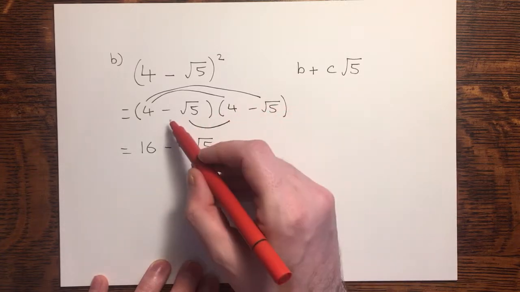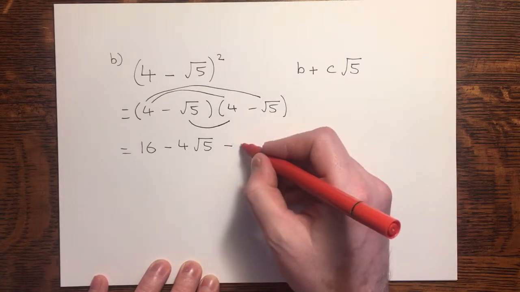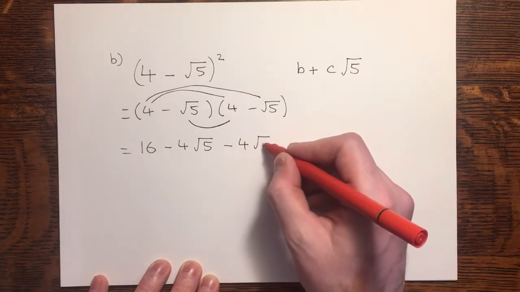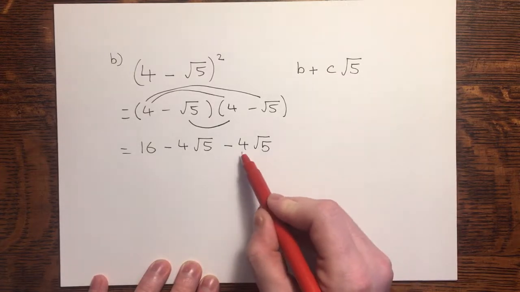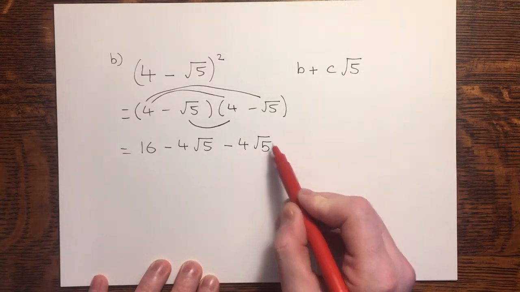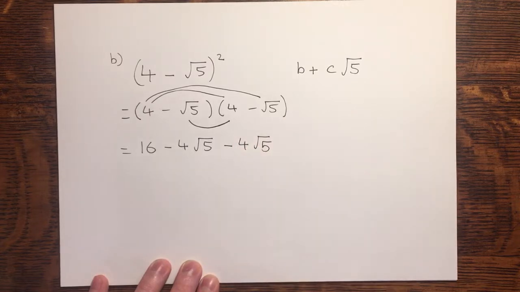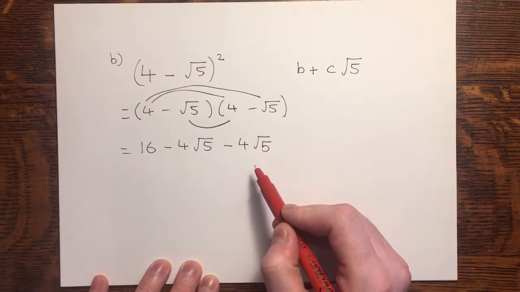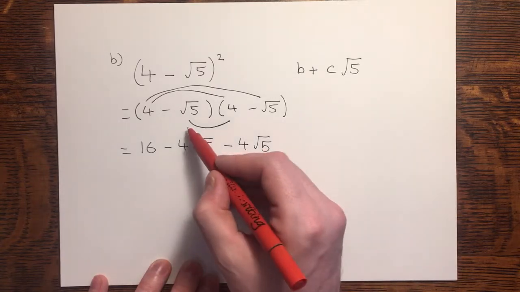Minus root 5, note minus root 5, times 4 gives us minus 4 root 5. Again, note, I didn't write minus root 5 fours. I put the whole number, the integer, first, and the surd second. That's a convention in writing style, and it also makes it easier to collect like terms in a moment.